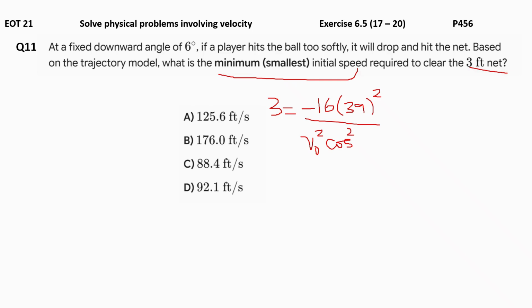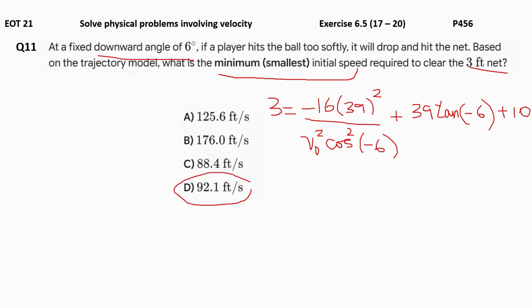What is theta? Downward angle of 6 degree, which means -6, and it is degrees, so your calculator should be in degree mode, plus x tan theta, that is 39 tan -6 plus 10. At that time, you will identify your V naught as 92.1 feet per second.